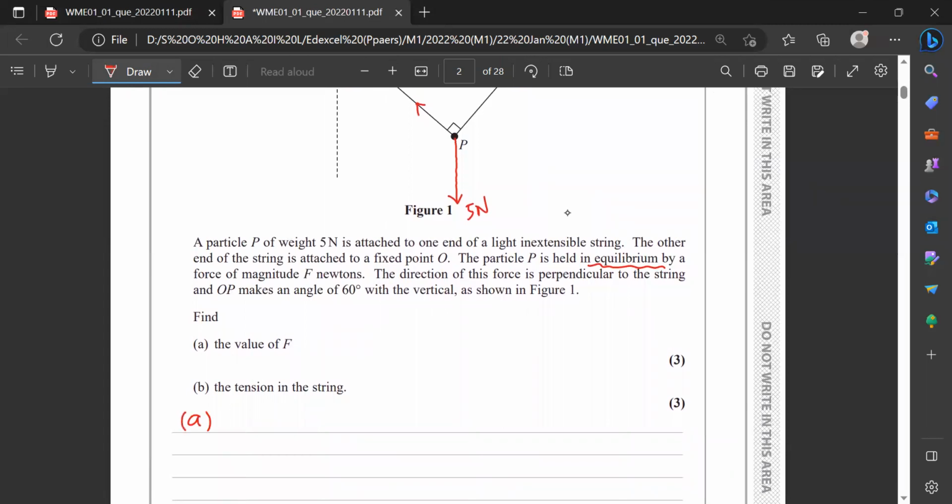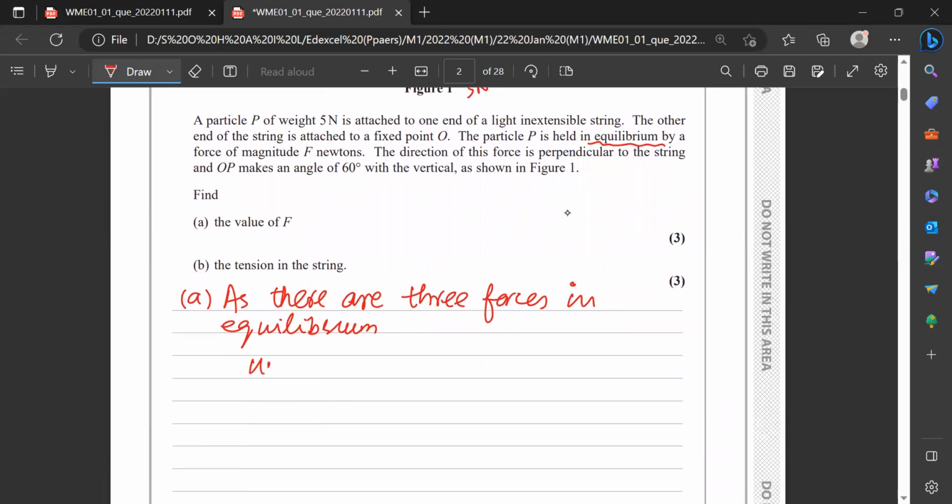So for part A, as there are three forces in equilibrium, we can use the Lami's theorem.